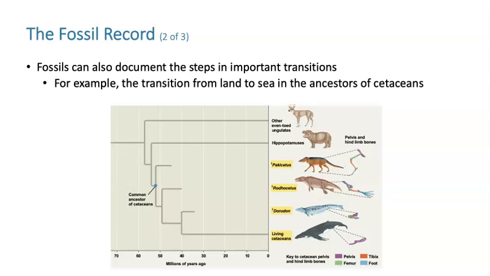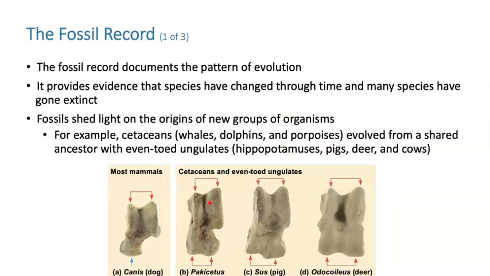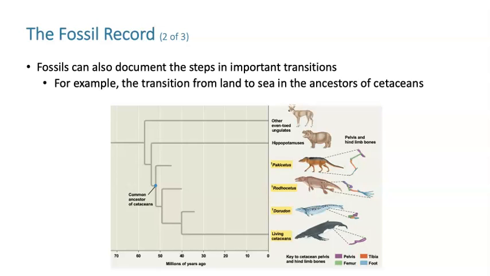So that puts the even-toed ungulates and the whales together as having a more recent common ancestor, whereas most other mammals have the odd toe, like one-toed, or odd-toed, like five in the case of humans and dogs.